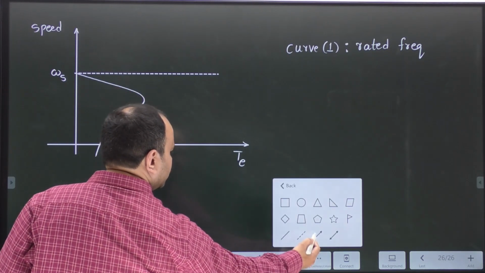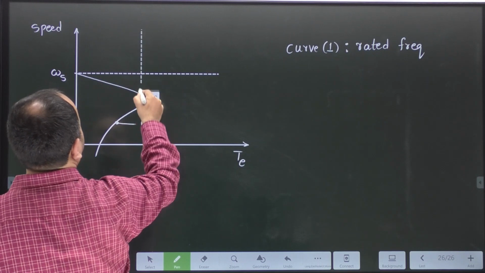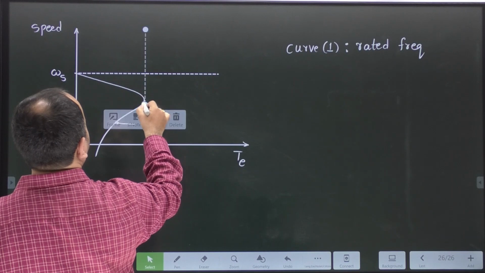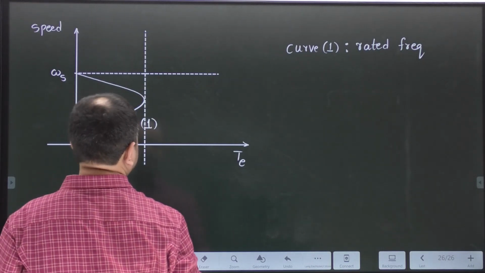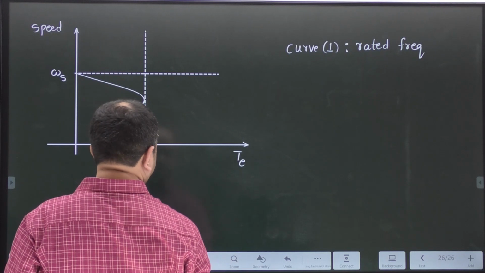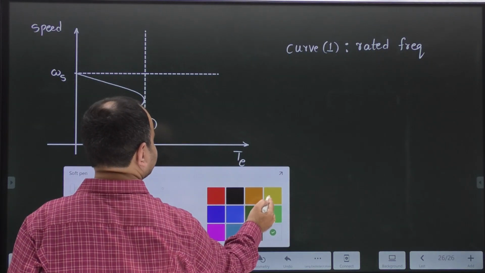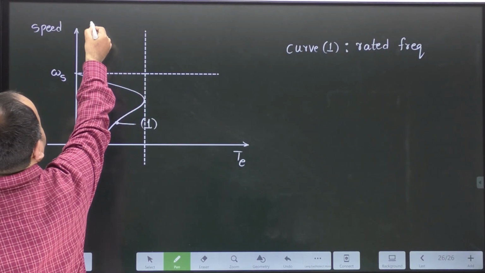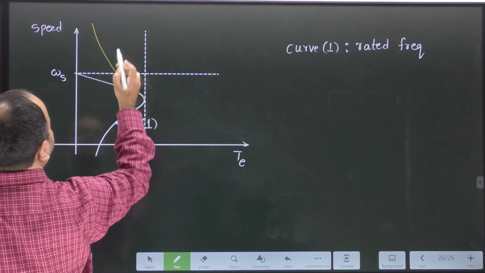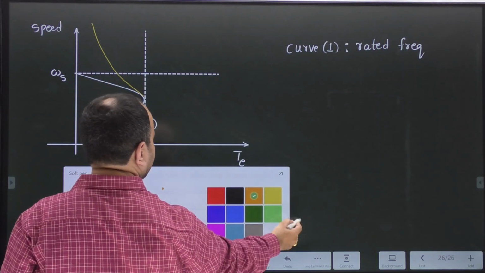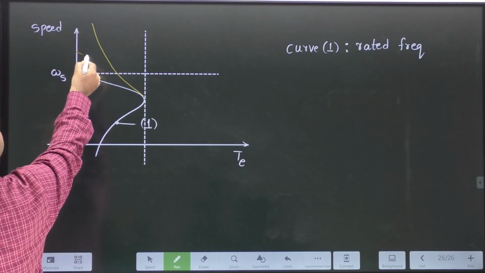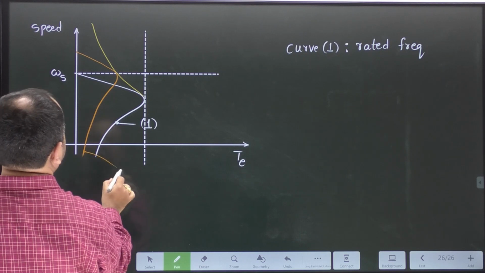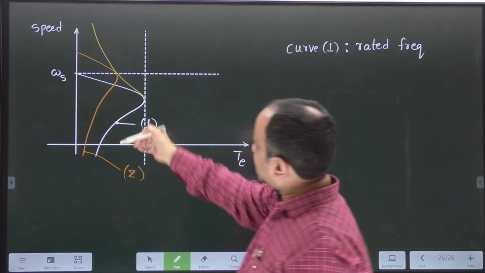Now when the frequency is increased, then what happens? The second curve I am drawing, speed will increase, but at the same time the curve shrinks like that.